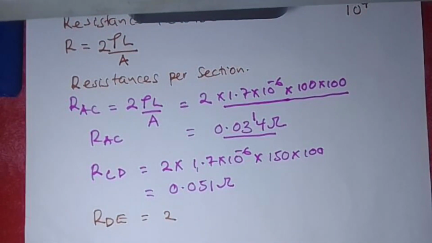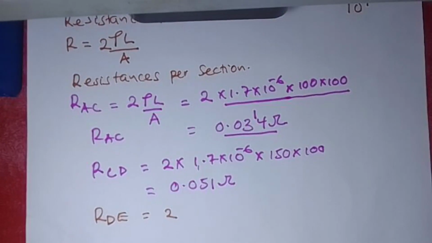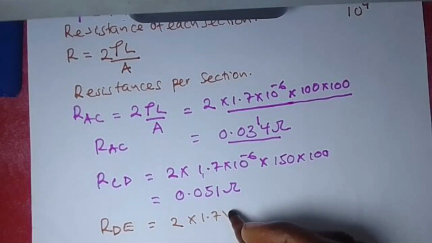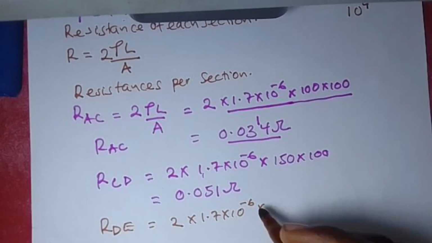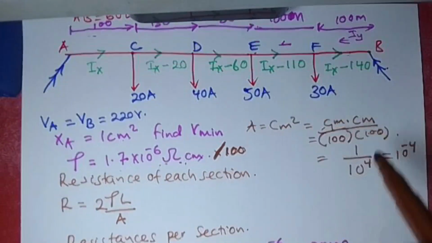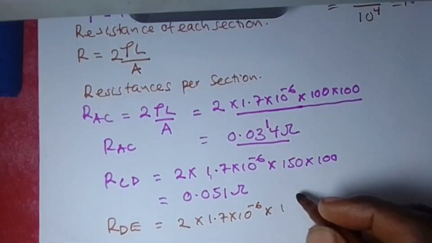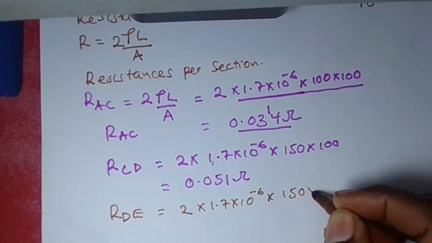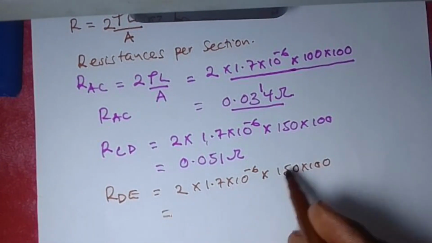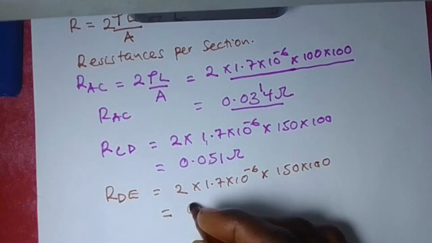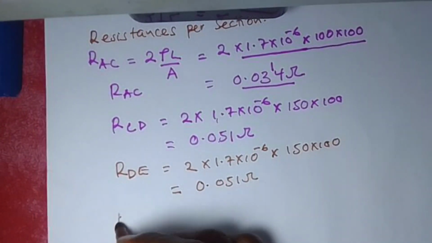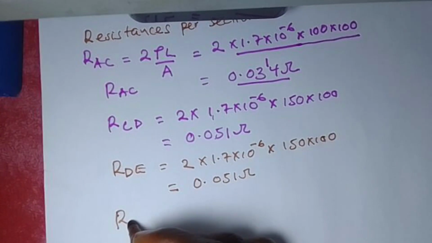It will be 2 times the value of resistivity 1.7 exponent negative 6 times the value of the distance between D and E, which is also 150 times 100. So since they are the same, I'm sure that the answer I will get is the same here. So it will give me 0.051 ohms.